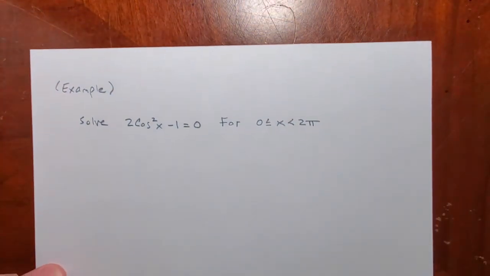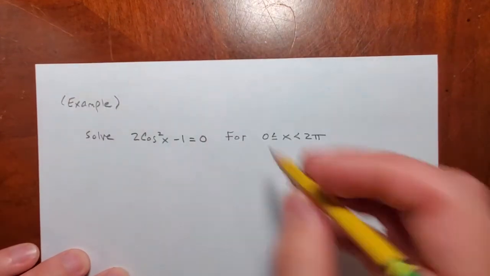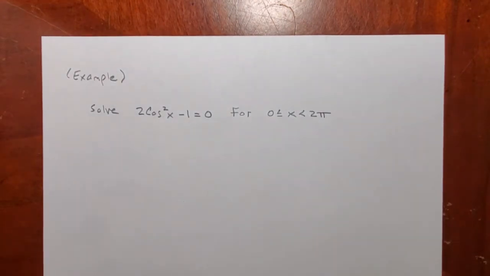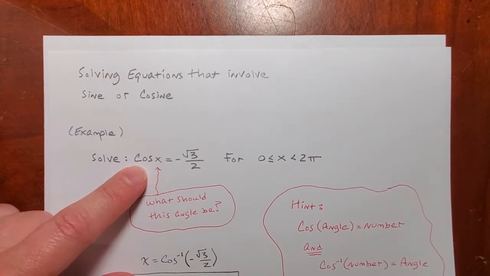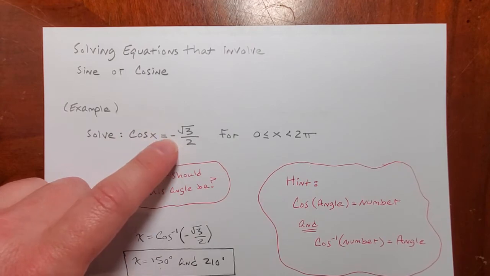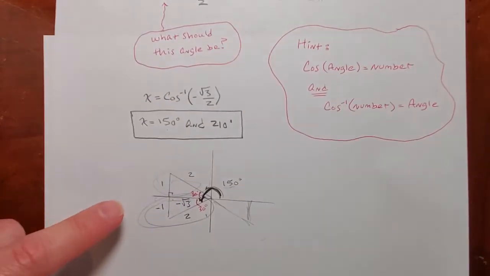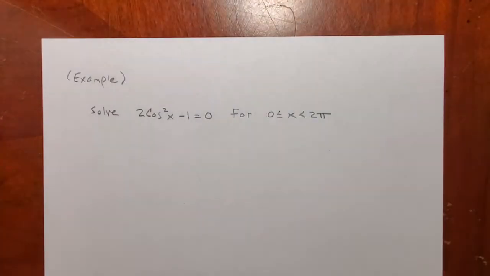What about this one? So to solve this one, I need to get it down to like... I showed you this last one because this is where we end up when we solve anything more complicated. It's going to say cosine of what angle equals this number, and we'll use our calculator to get us started, and then we'll think a little bit about the unit circle and reference angles to get the other answers.